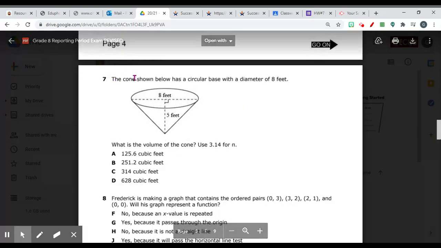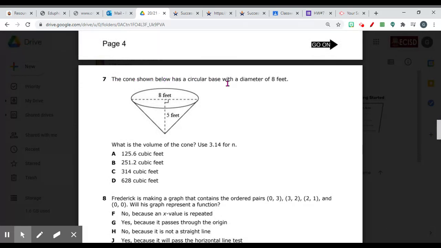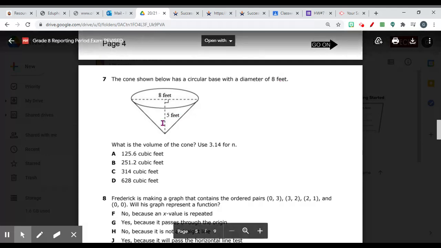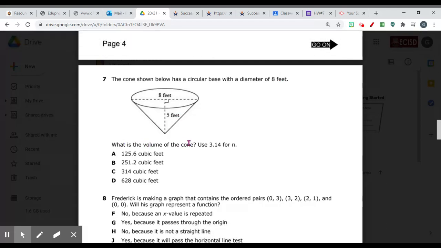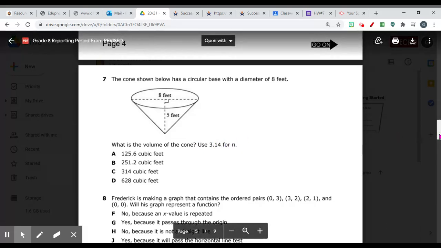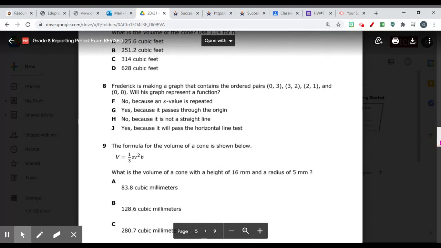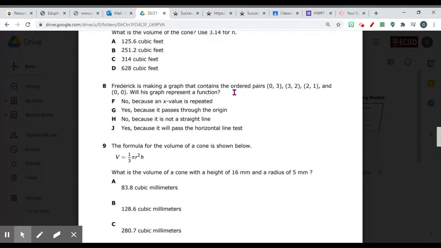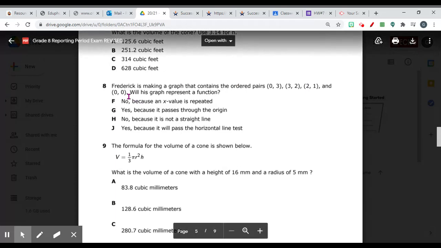Number 7. The cone shown below has a circular base with a diameter of 8 feet. What is the volume of the cone? Use 3.14 for pi. Number 8. Frederick is making a graph that contains the ordered pairs (0, 3), (3, 2), (2, 1), and (0, 0).